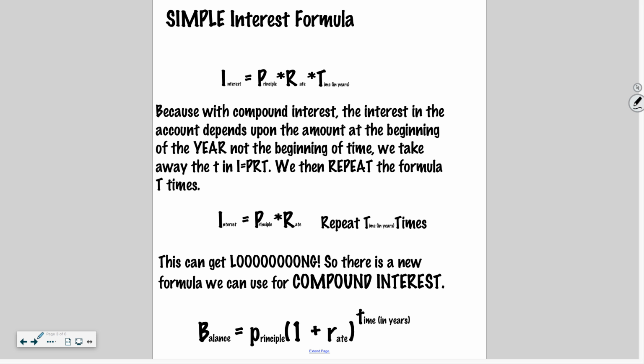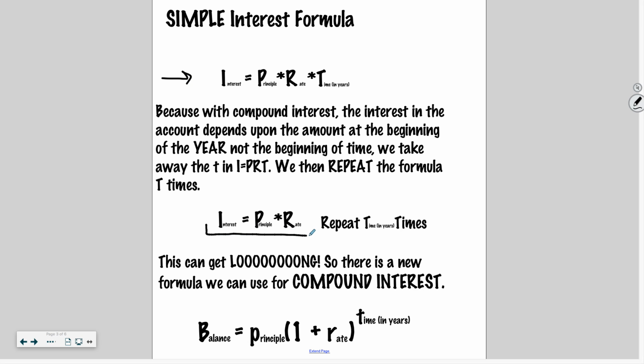So our simple interest formula we had was the I part: interest equals principal times rate times time in years. But because with compound interest, the interest in the account depends upon the amount at the beginning of the year, not at the beginning of time, we take away the t in the I part and keep repeating the formula t times.